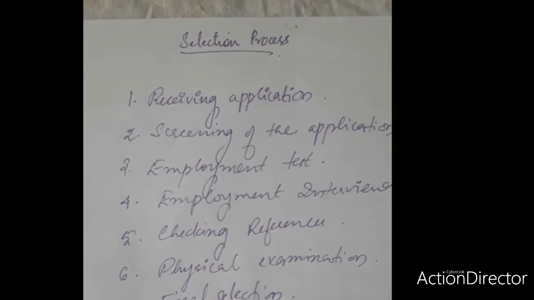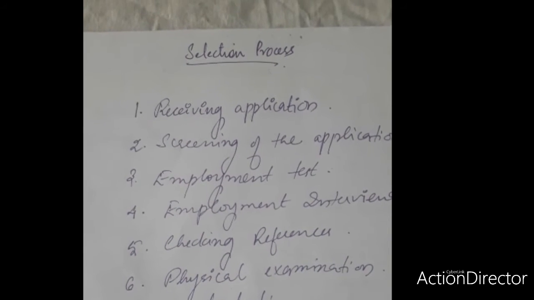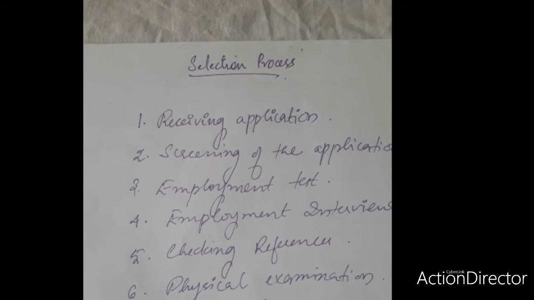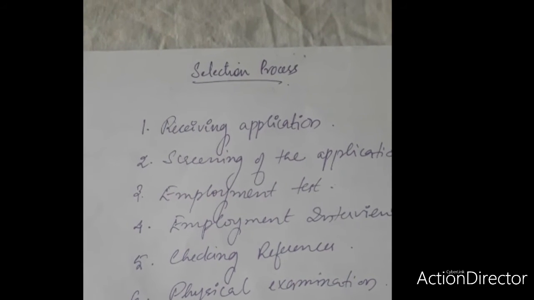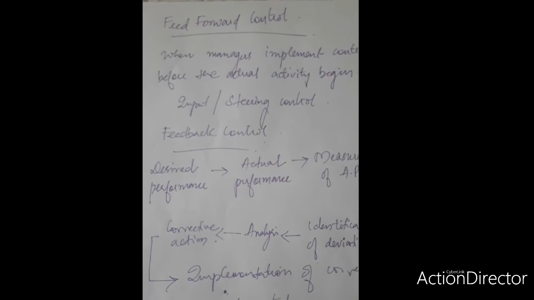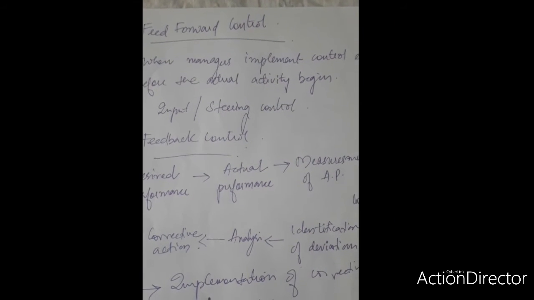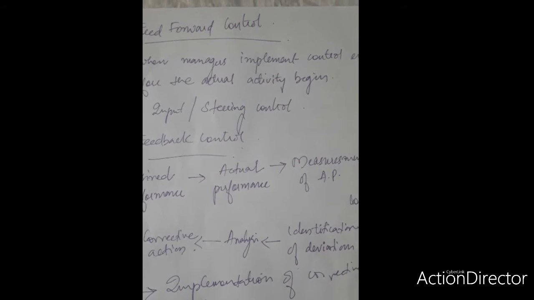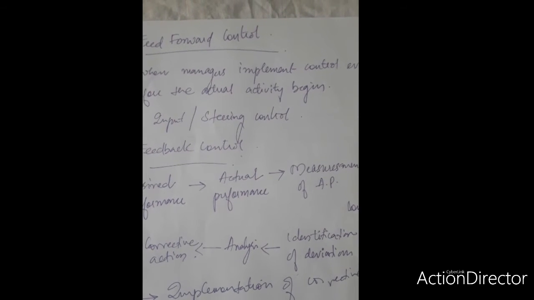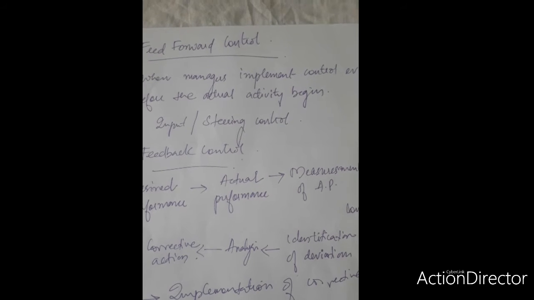Right, so the next question is, the seventh question. With the help of a block diagram, explain how a feed forward and a feedback control mechanism works. Feed forward control system is a type of control system where the managers implement control even before the actual activity begins.